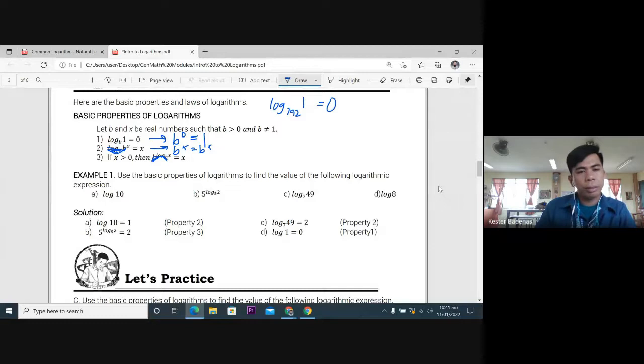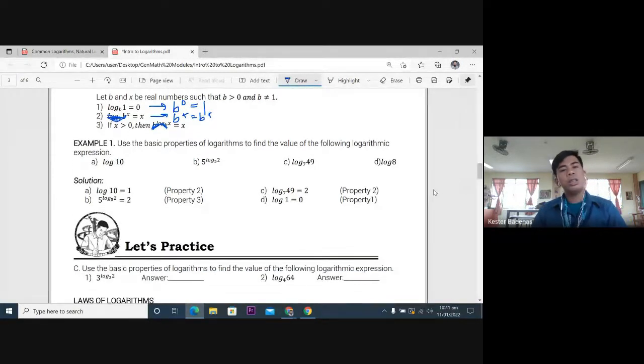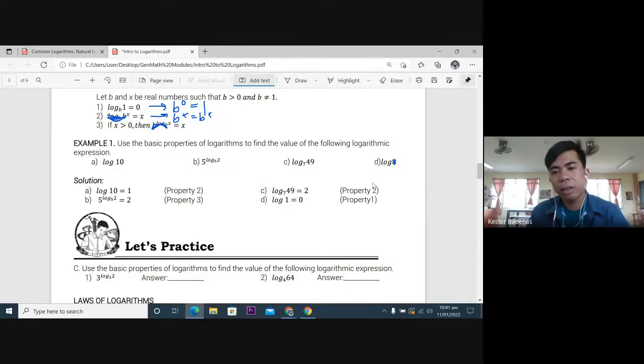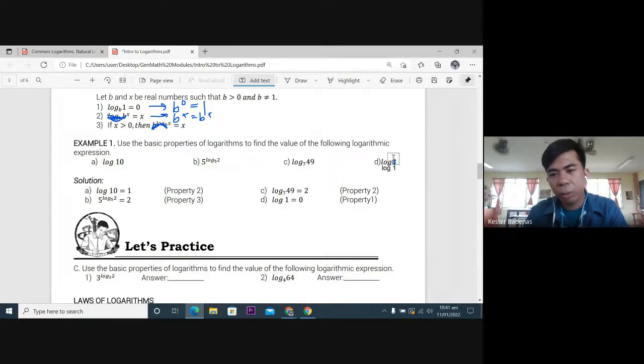Okay? So, use the property, sorry, may correction dito, class. Logarithm ng ano dapat ito? Logarithm of 10.